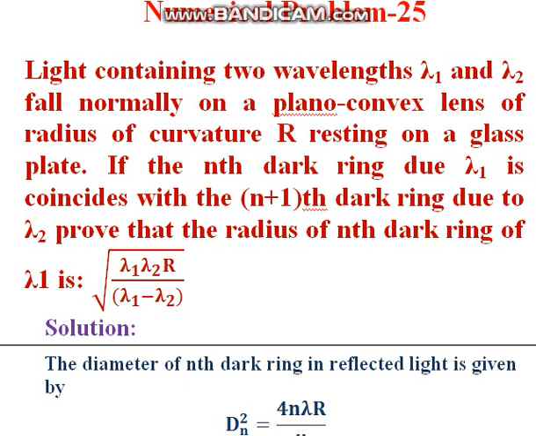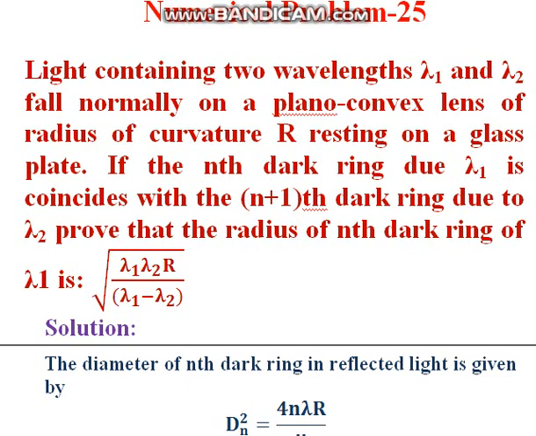Then there are two interference patterns, one for one wavelength and another for the second wavelength, and the resultant pattern is the overlapping of these two patterns. Many of the orders will overlap each other, and in this way we obtain a combined pattern due to lambda 1 and lambda 2.